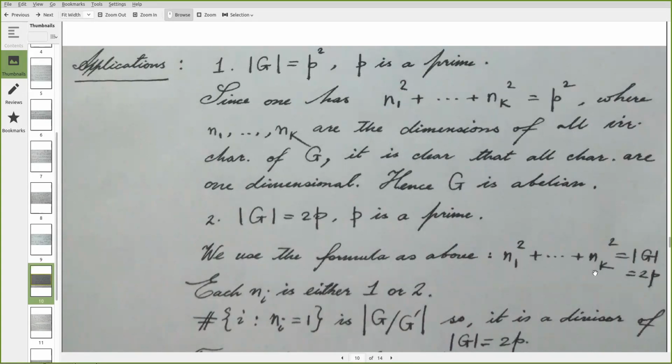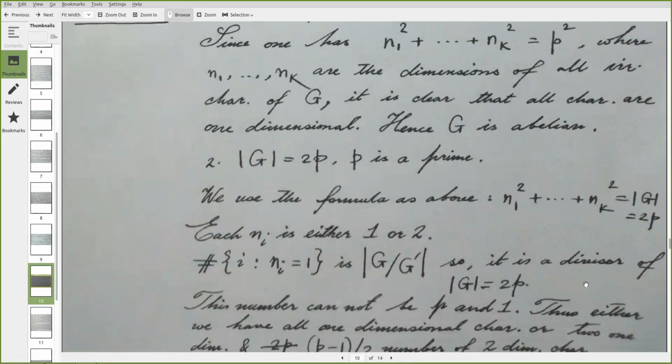Now you see that none of the Ni's can be p or 2p, because then the left hand side will be much higher. So since none of them can be p or 2p, the Ni's will be 1 or 2.